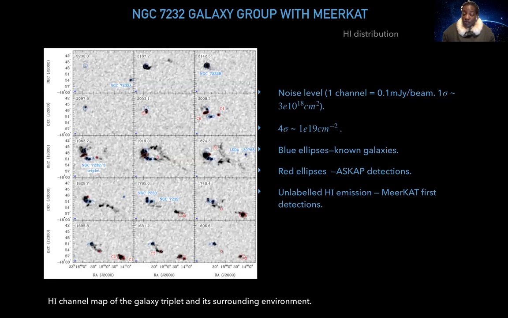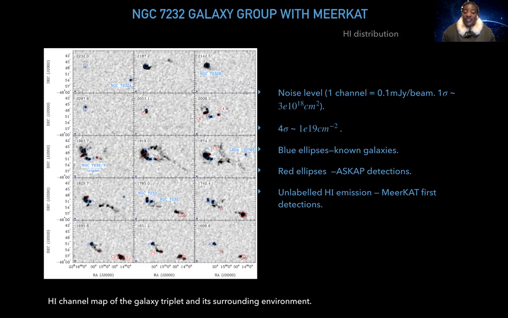Looking at the HI distribution, the figure I'm showing on my left is the channel map of the galaxy triplet with its surrounding environment. Looking at the different colors, blue represents the known galaxies previously detected with HIPASS, ATCA, and ASKAP. The red represents the newly detected ASKAP galaxies.